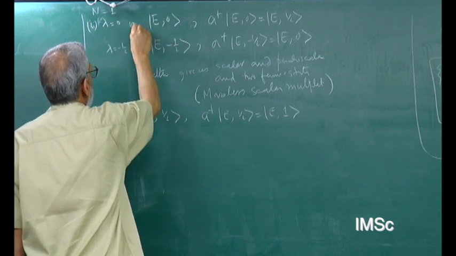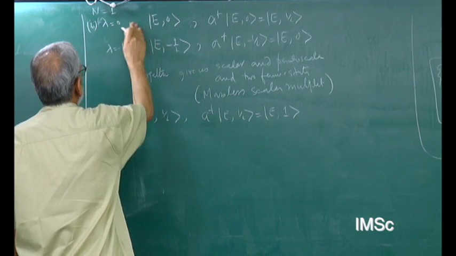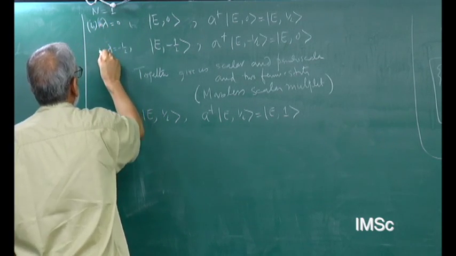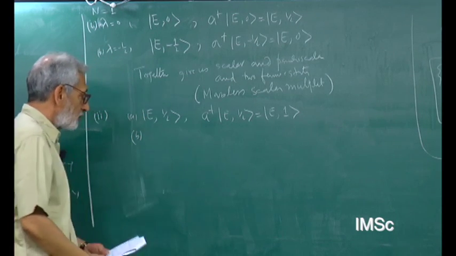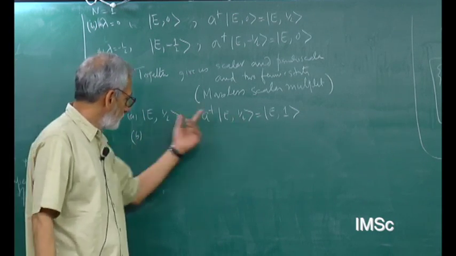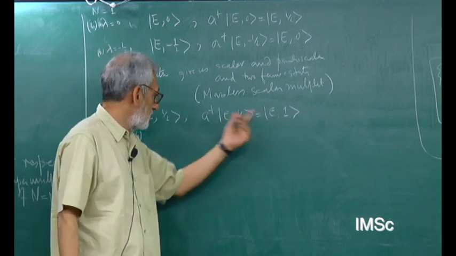So let me call these A and B. So this is a fermion, helicity half.